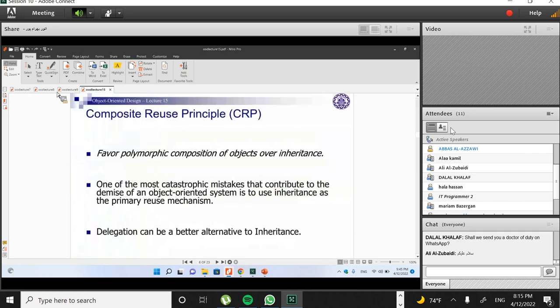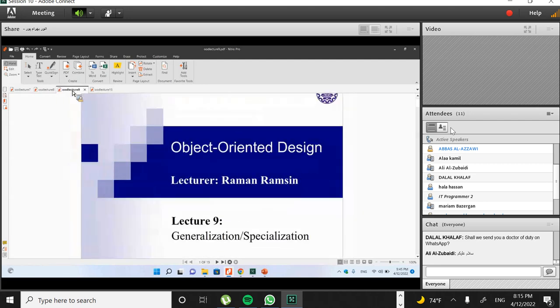So, four lectures in part two. In part one of this course, we just talked about object orientation by means of the ATM case study.